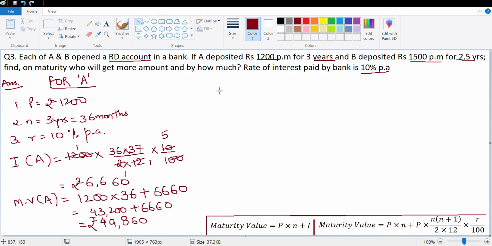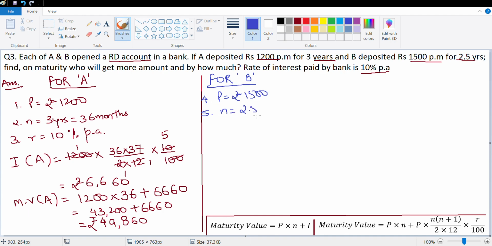Next, let's do these calculations for B as well. So now let's look at B. What we have is P is equal to rupees 1500. N is equal to 2.5 years, which means 24 plus 6, that's 30 months, and R is 10% per annum.